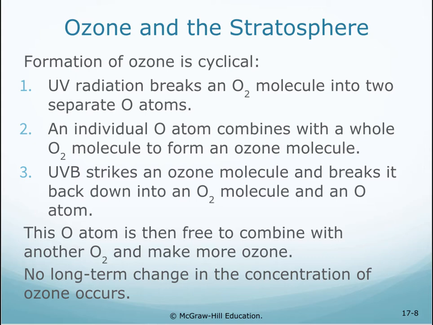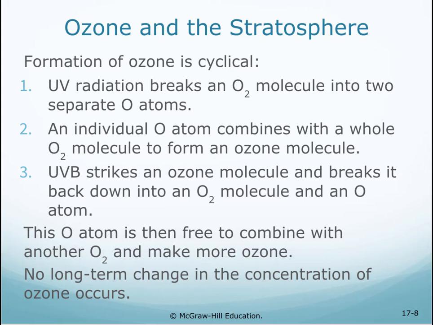The UV radiation breaks an O2 molecule into two separate oxygen atoms. An individual oxygen atom combines with a whole O2 molecule to form an ozone molecule. UVB strikes an ozone molecule and breaks it back down into an O2 molecule and a single oxygen atom.